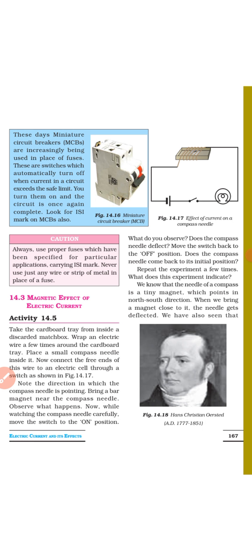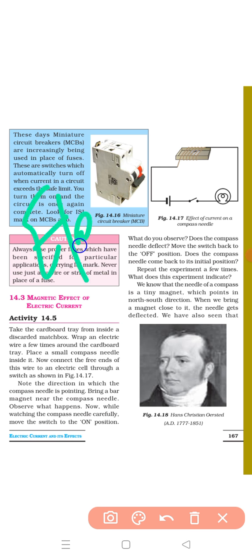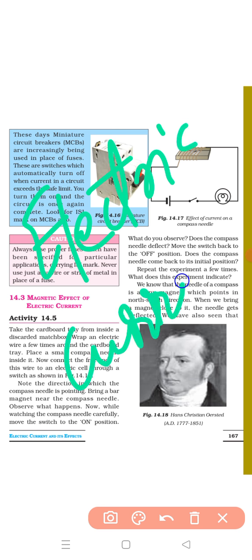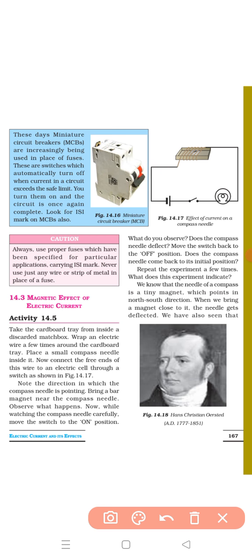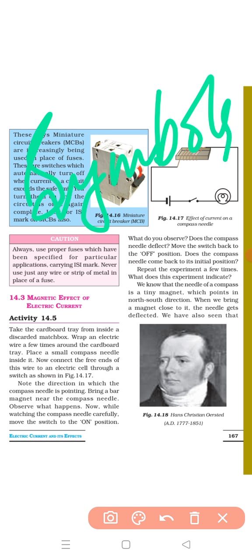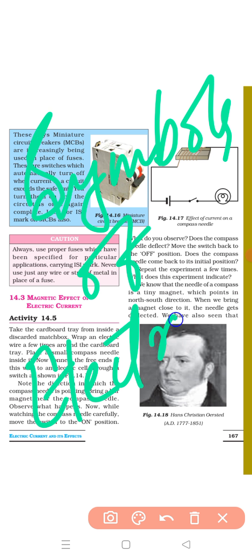In the offline classes we have studied the chapter about electric current and its effects, right? In this chapter we have studied about electric current. We have also studied about the symbols of electrical components, right?